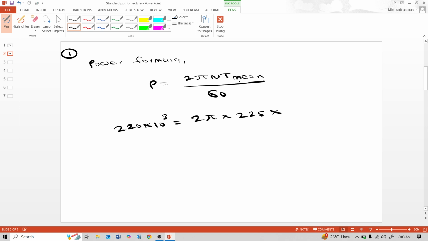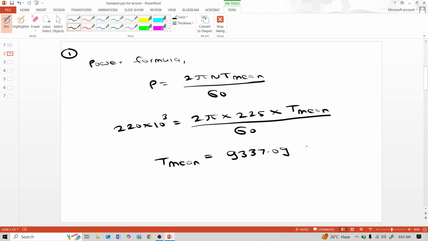From this equation we will find T mean. So T mean is 220 into 10 raised to 3 multiplied by 60 and divided by 2 into pi into 225. So T mean is 9337.09, and the unit is Newton meter.